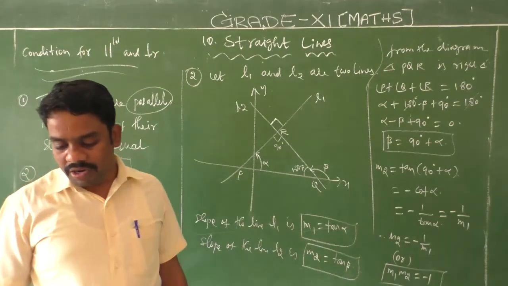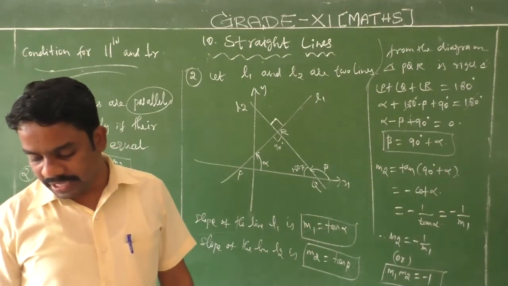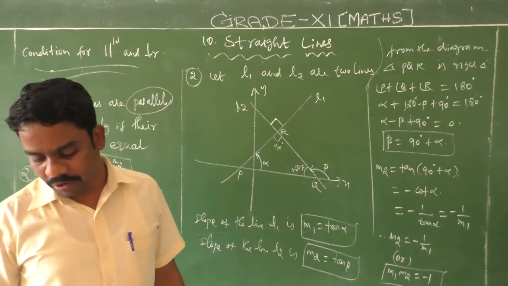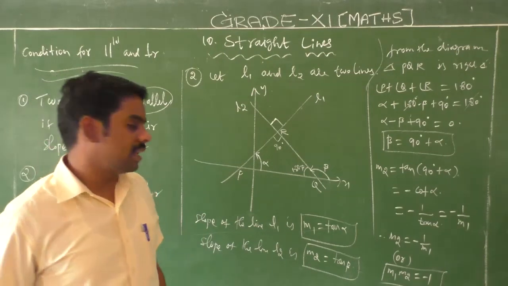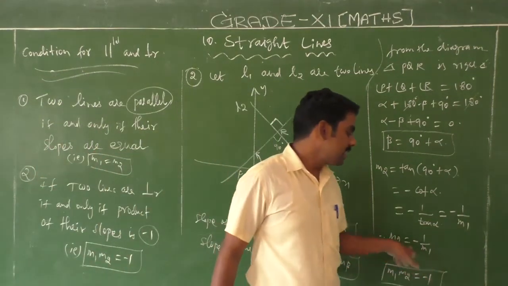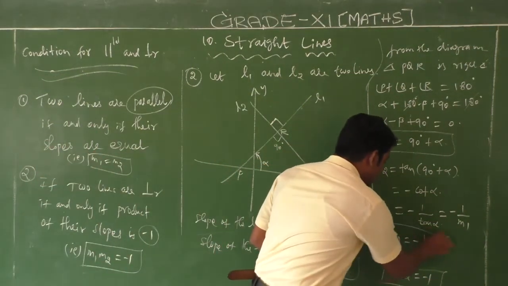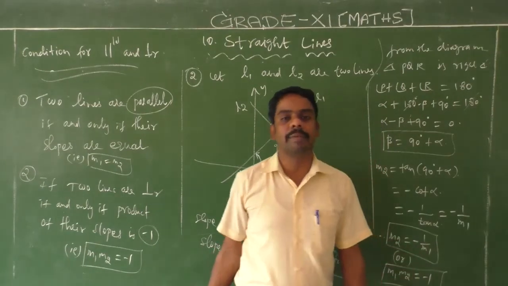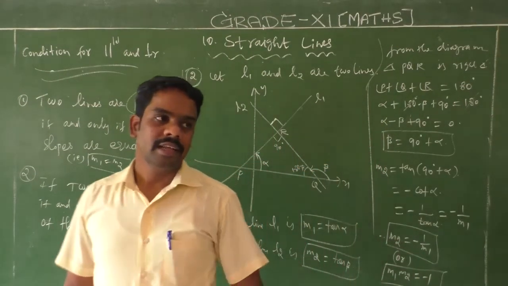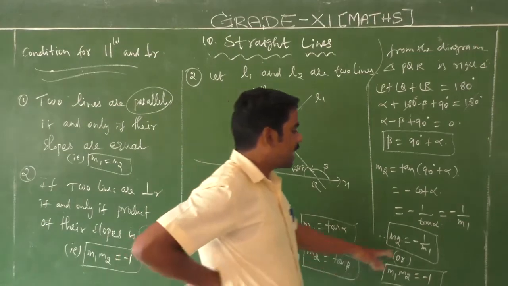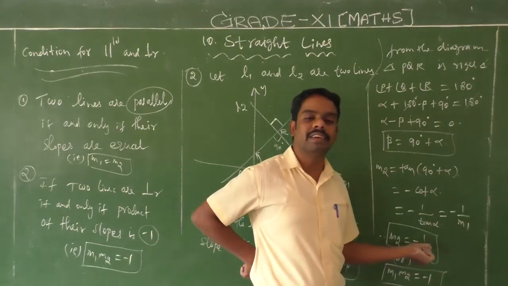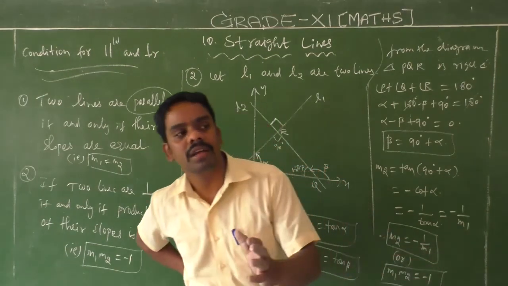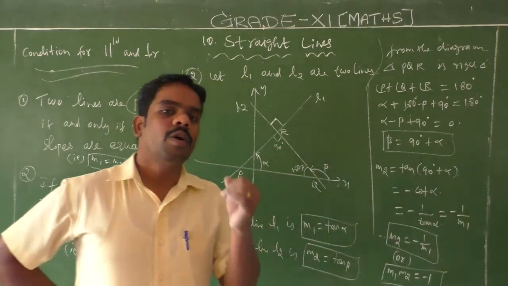Another one: two non-vertical lines are perpendicular to each other if and only if the slopes are negative reciprocals of each other. That is M2 equal to minus 1 by M1 or M1 equal to minus 1 by M2.